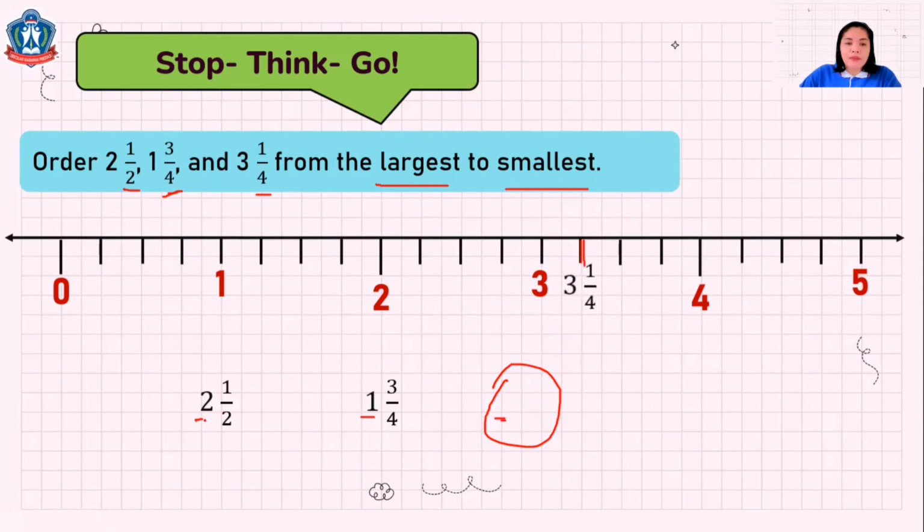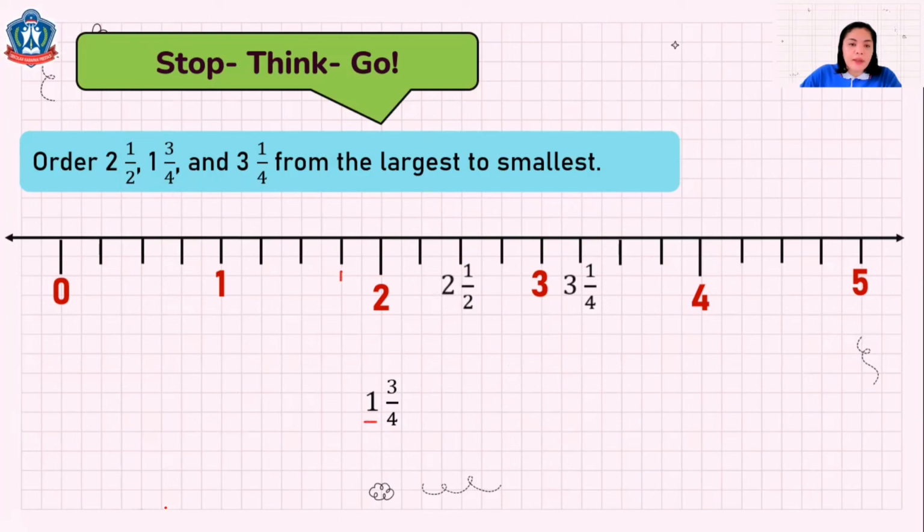Next we have 2 and 1/2. This one is larger. This one is 2 and 1/2. It means from 2 to number 3, we will find the half. So if we have 4 parts, we divide it into 2 halves. So it's around here. So it's 2 and 1/2. Okay. And the smallest is 1 and 3/4. So this is more than 1, and we have 3/4.